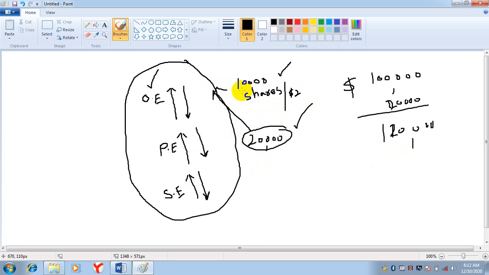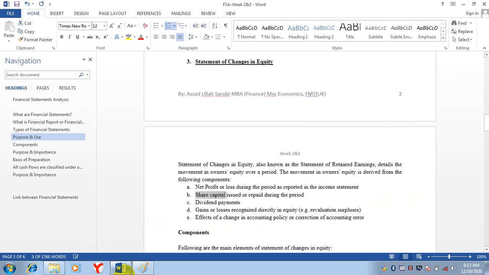So if there is redemption, we pay $20,000 back and what is left is 100,000. This is redemption and issuance of shares, issued or repaid during the period.